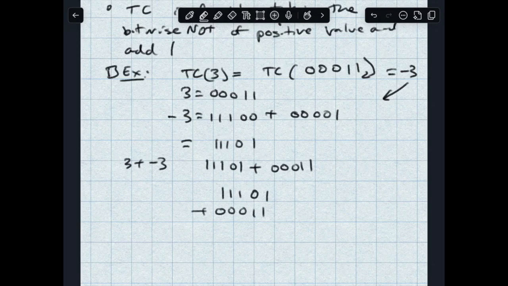Add those together, right? So 1 and 1 here is a 0 with a carry. That's a 0 with a carry. That's a 0 with a carry. That's a 0 with a carry. That's a 0, and then we put the overflow here. And it turns out that what I'm going to do is discard that overflow.